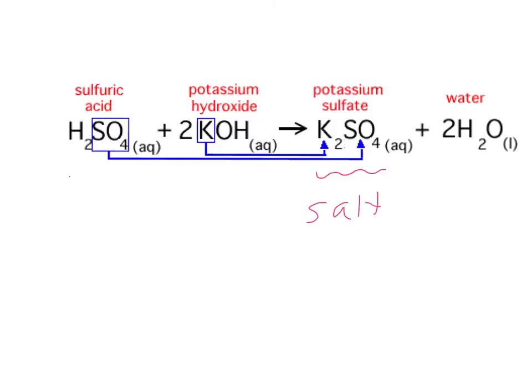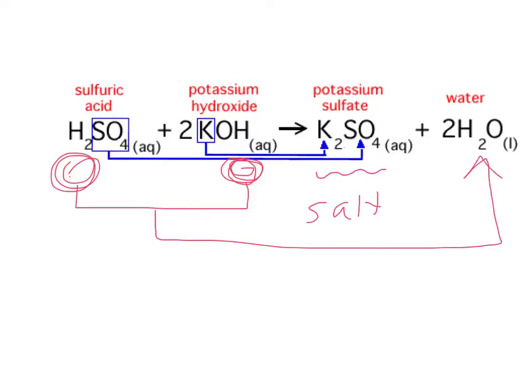Then we have the hydrogen right here reacting with the OH in the base, and if we put those two together, we form our water. It helps if you think of water as being HOH. And certainly for balancing these, I really recommend that you look at water as being HOH, much easier to balance.